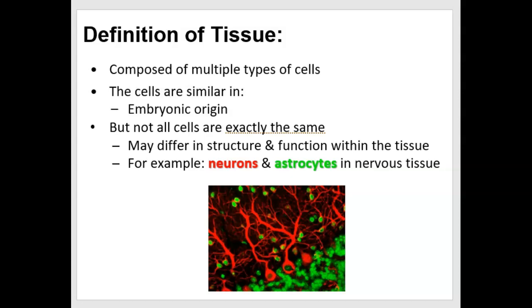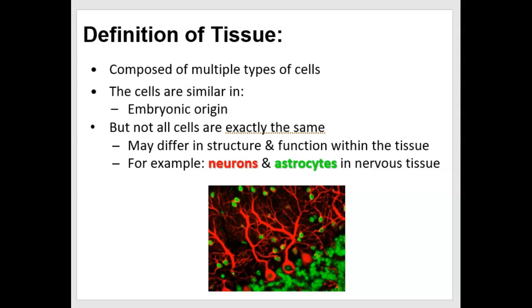They won't be exactly the same within a tissue, but they will lend a certain structure and function to the tissue. So the different cells themselves might differ in detailed or finite structure and function, but together they cooperate to give the tissue a certain identity in terms of what it looks like and how it functions in the body.